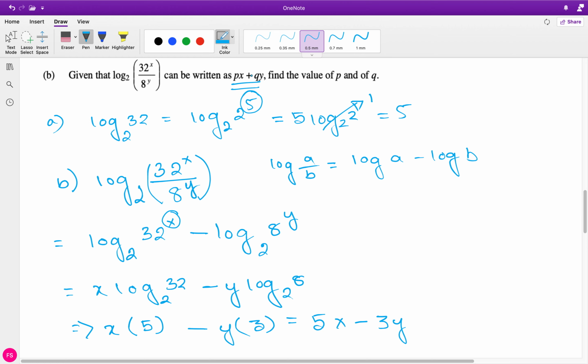Now you can compare it to this one, px plus qy. It's the same thing. My p equals 5 because this is the number with x, and q equals negative 3 because this is the number with y. I can write p equals 5 and q equals negative 3.